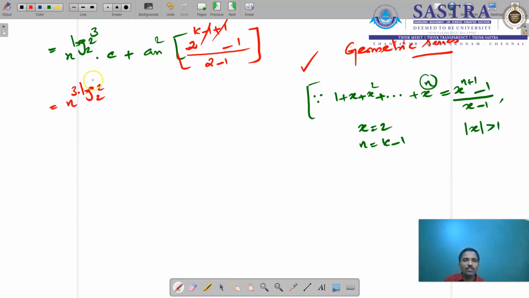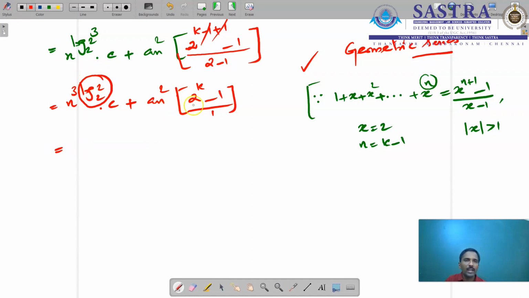Now log 2 base 2 becomes 1. So in the next step, we write this as n power 3 into c, plus a into n square. The rest of the terms are 2 power k minus 1 divided by 2 minus 1, which is 1. Simplifying in the next step, here log 2 base 2, this value is 1.